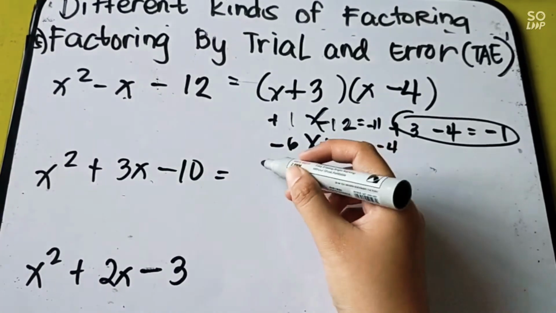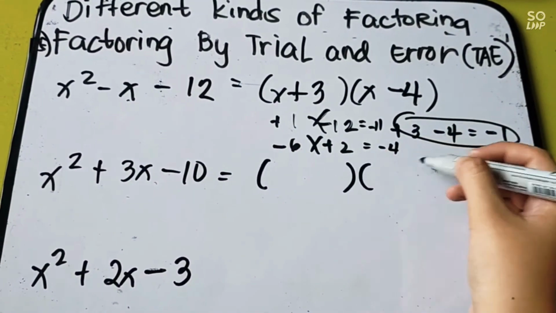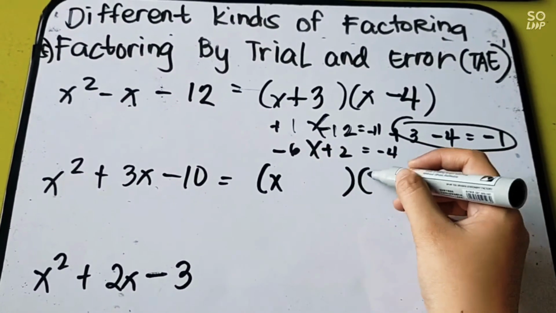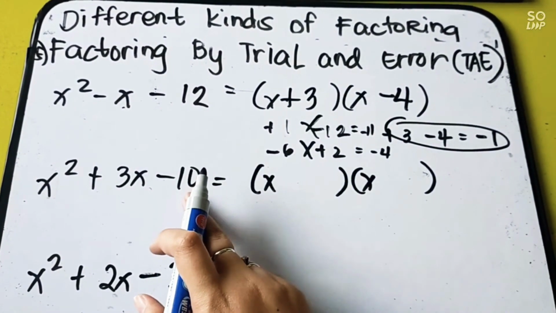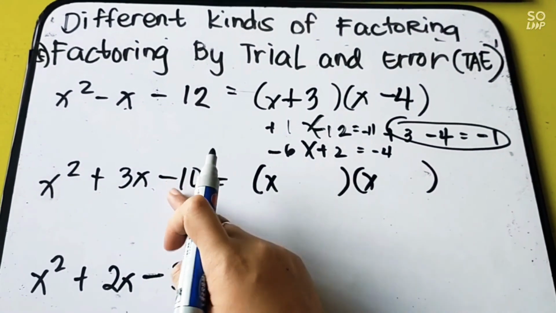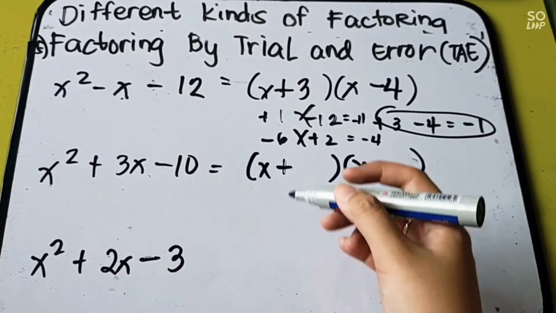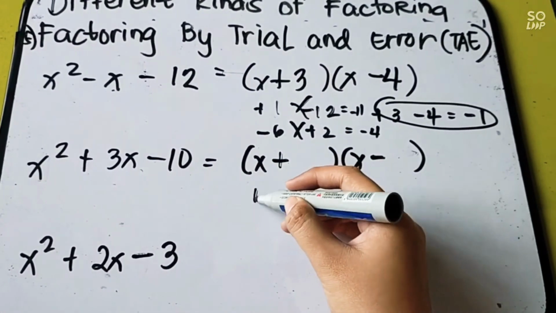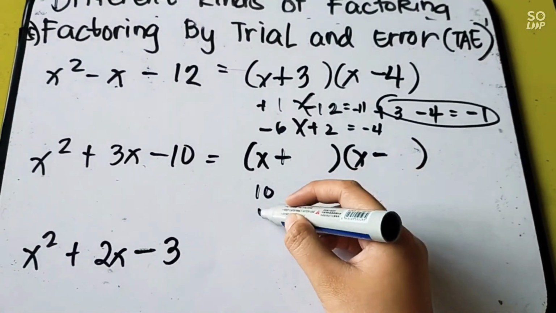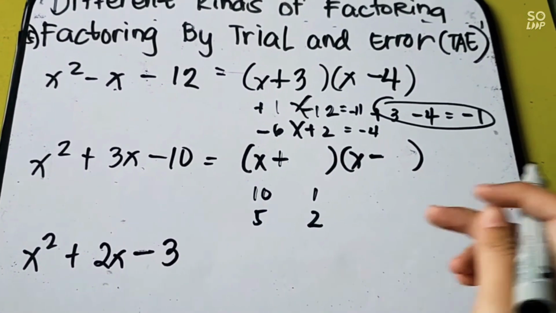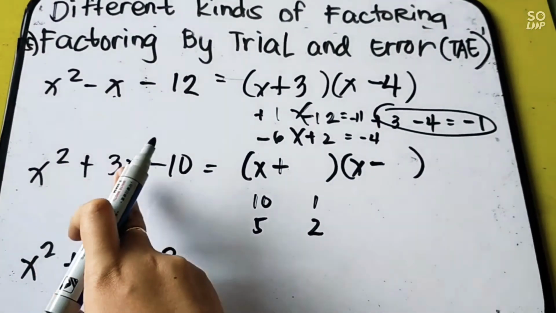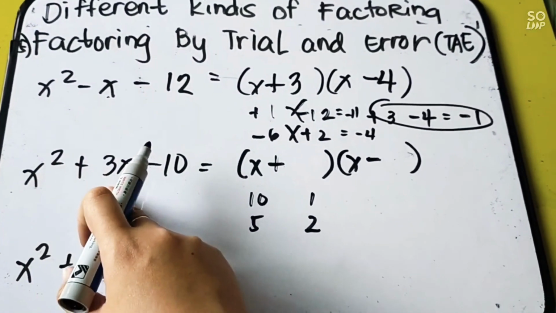Next, we have another one. x and x. We have here 10 at the end, so negative again. So, we have one positive and one negative. Here are the factors of 10. We have 10 and 1, then 5 and 2. Since the middle term is positive this time, the higher number should be positive.